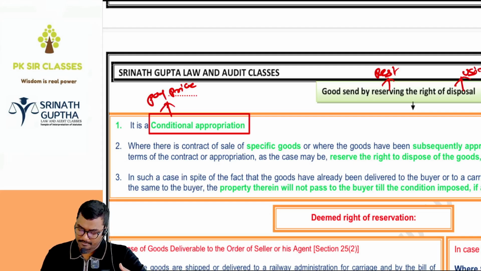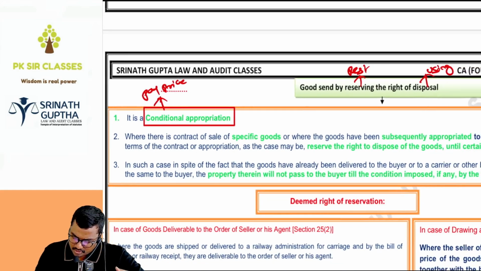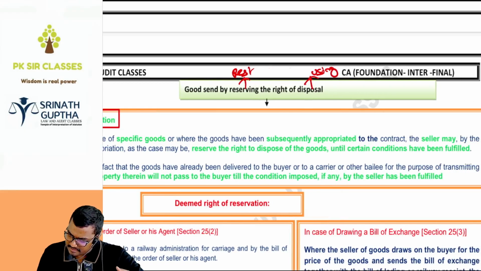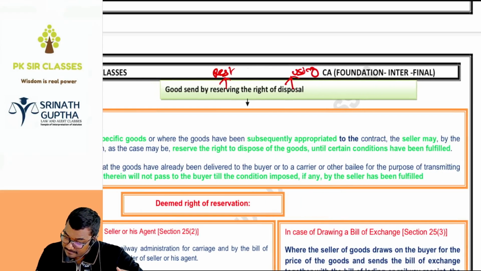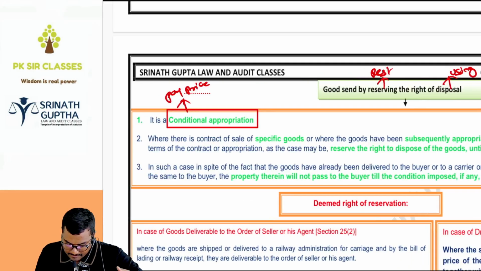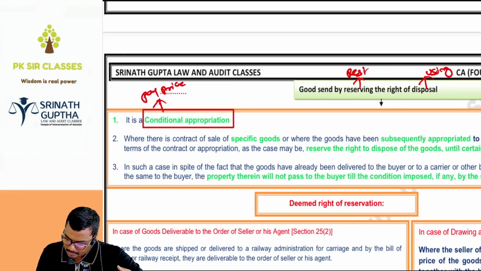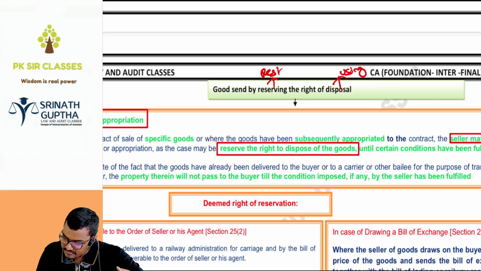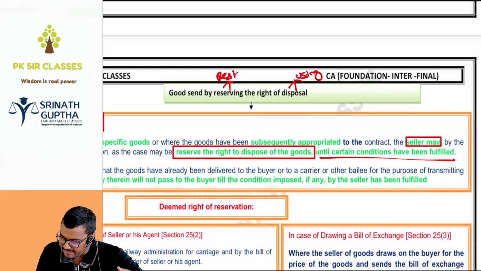Conditional appropriation. So, where there is a contract for sale of specific goods which has been subsequently appropriated to the contract, the seller, by the terms of the contract or appropriation, as the case may be, reserves the right to dispose the goods, reserving the right to use the goods until certain conditions are fulfilled.